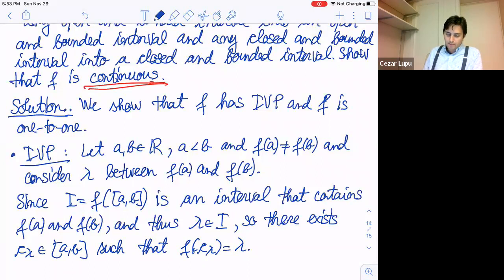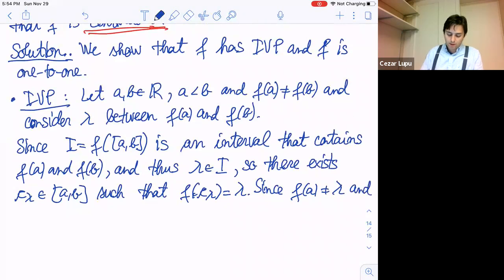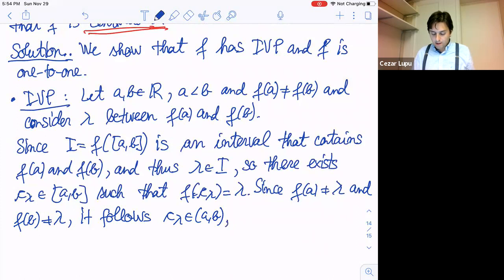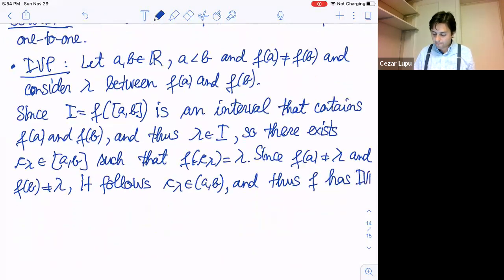But also, since f of a cannot be lambda, and f of b is different than lambda, it follows that this c lambda is in the open interval (a, b). And thus f has the intermediate value property. Finally. Okay, so we're done with this part.